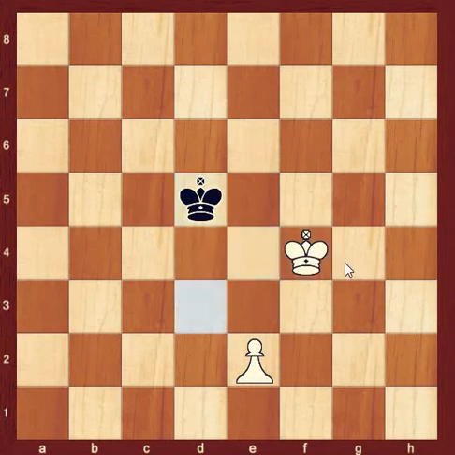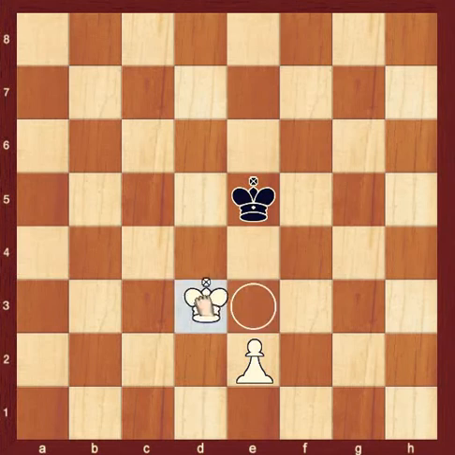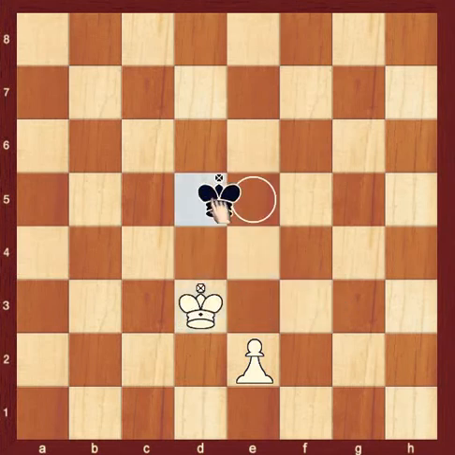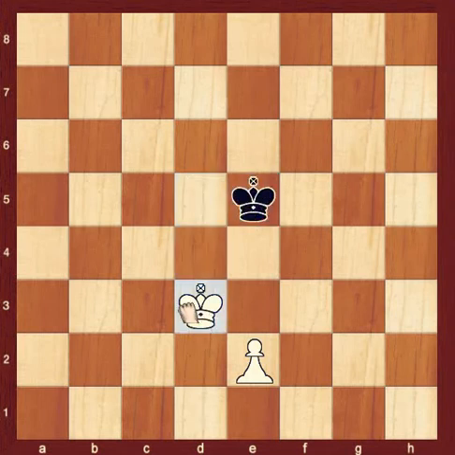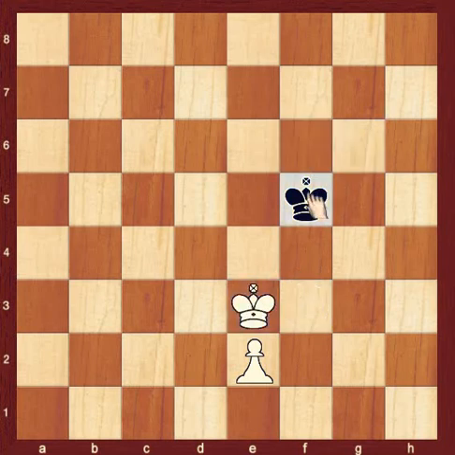White takes horizontal opposition. But in this position, if white to play, white cannot take horizontal opposition because of king d3. Black will simply reply king to d5, and if white will play king f3, black will simply reply king f5, and this is vertical. So it depends on whose turn it is.